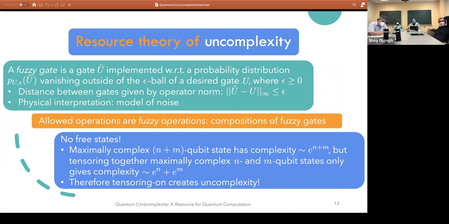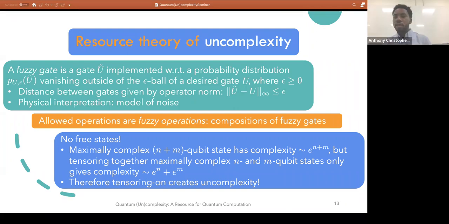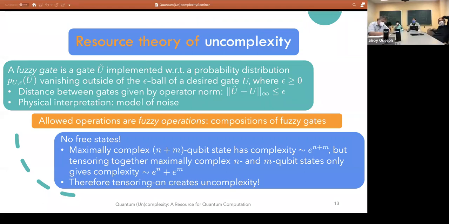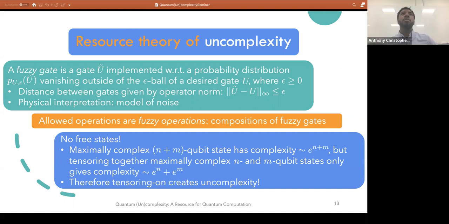So my question is, ideally, yes, it's possible, but if you can prepare a maximally complex qubit state, then that should be a free state, right? In this story. Okay. So yes, I understand what you're saying now.